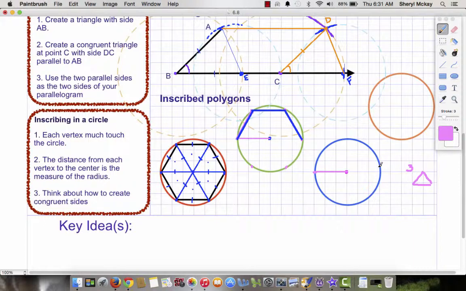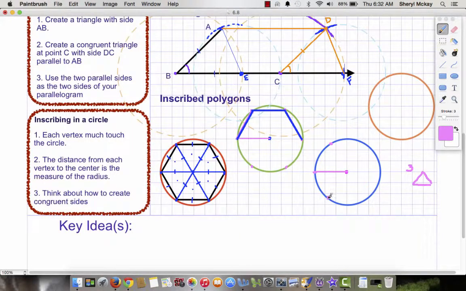Why don't you take your compass and measure this distance, and then starting here at this point, go ahead and mark it at the same place that you started marking it for the hexagon, but then go back down and mark on this side like this.